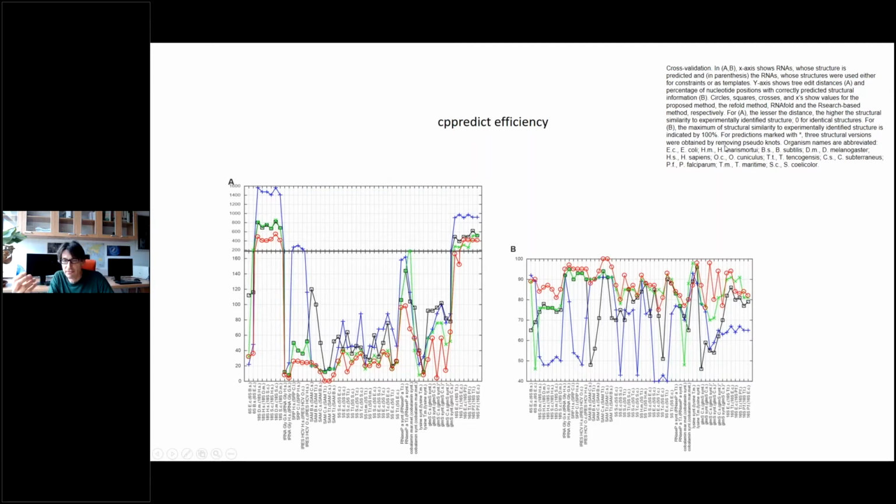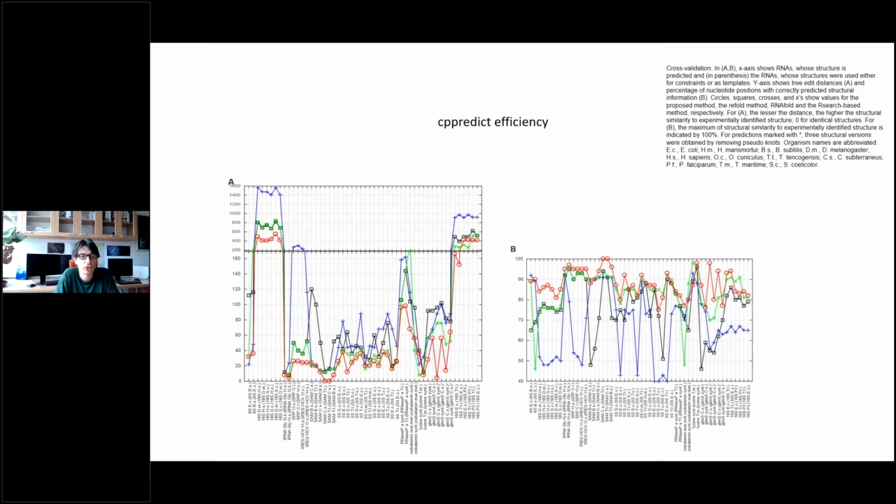All these methods have different amounts of information as their inputs. For example, RNAfold uses as its input only a query sequence, whereas the refold method, as well as cpPredict, use a much higher amount of information: a template structure, template sequence, and query sequence.